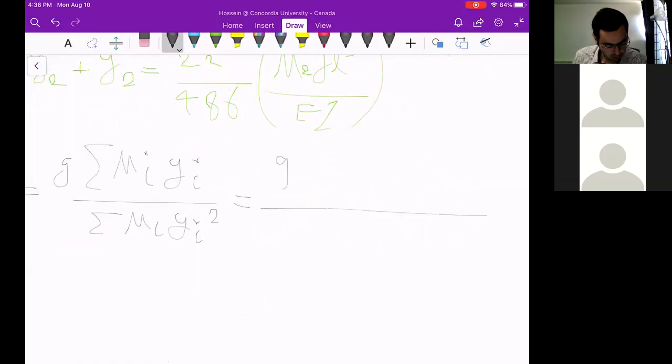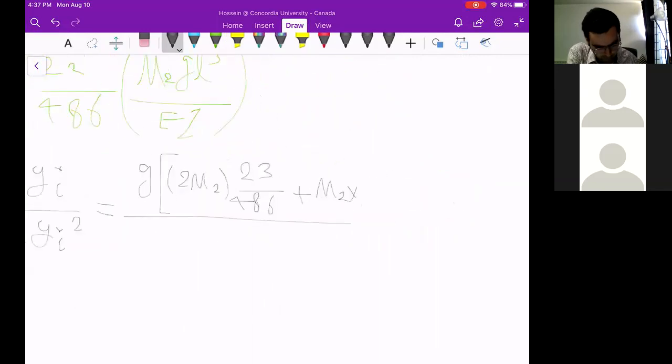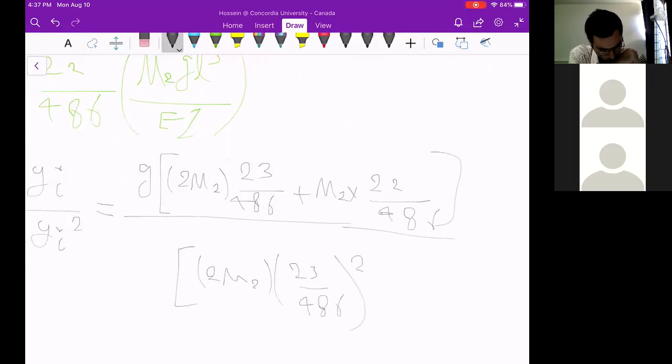Therefore, G, the first mass is 2m2, y1 is obtained as 23 over 486, plus the second mass m2 multiplied by y2, 22 over 486, divided by m1 y1 squared plus m2, the second mass, multiplied by the second deflection squared.